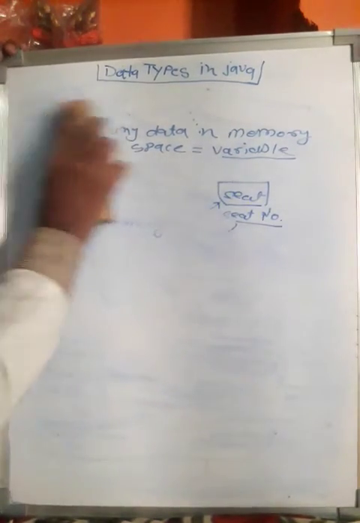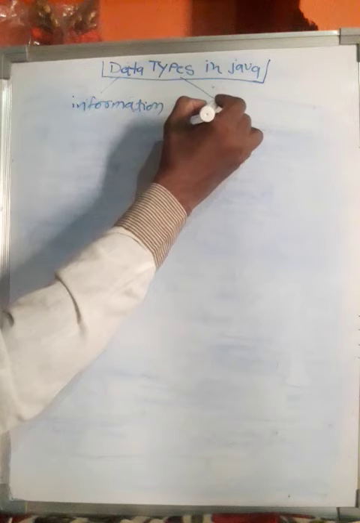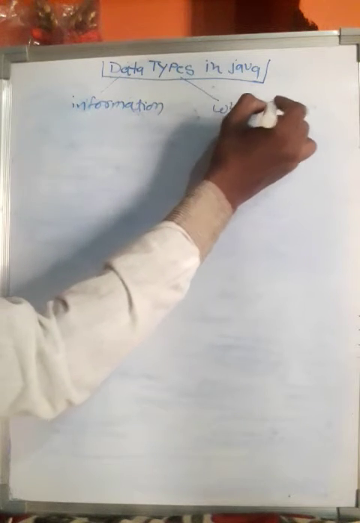After understanding variables, we see data types. What are data types? Data means the information that is stored, and type means what type of information.